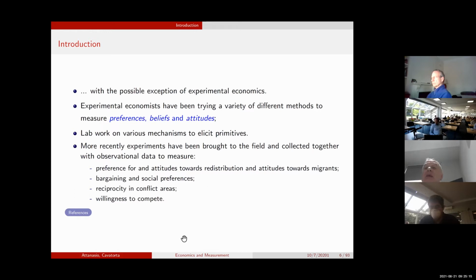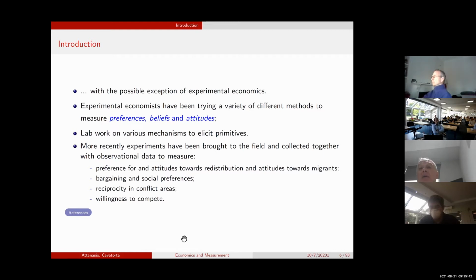And as you will see, our attempt at the end will be to combine these measures, to combine revealed preferences measures with stated choices, as we did yesterday with Flavio and Pamela when we were trying to combine the beliefs data with the actual parental investment data.